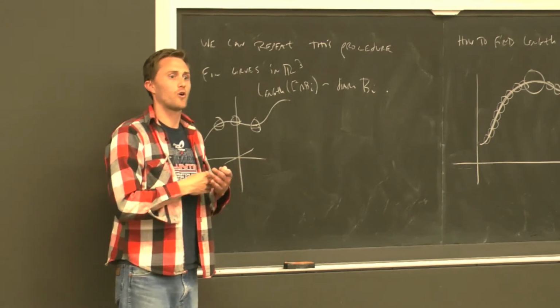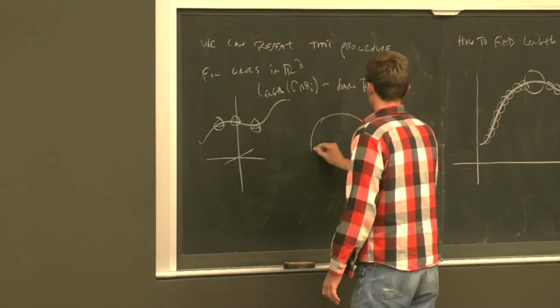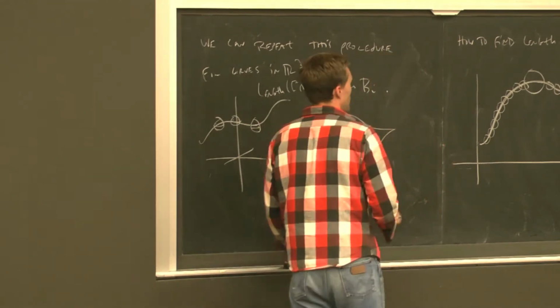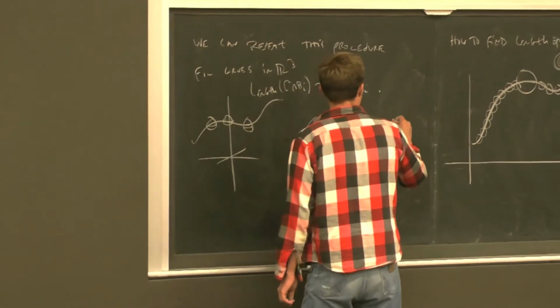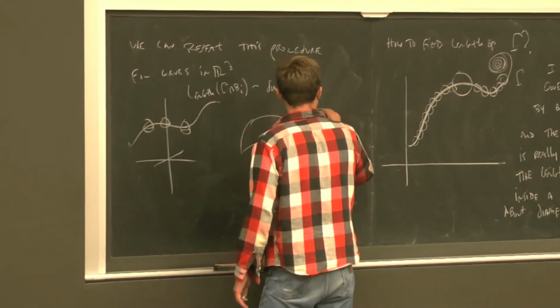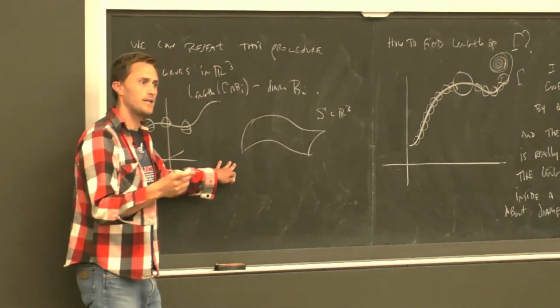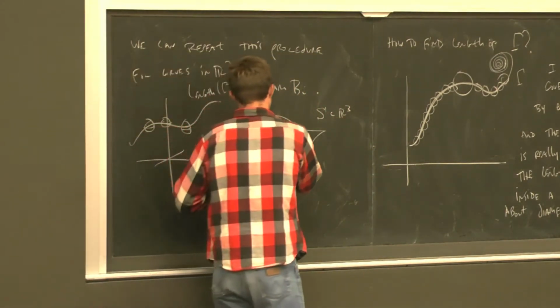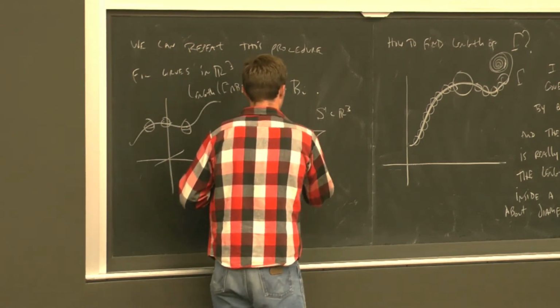But then I can also do the exact same analogous thing for a surface in R3. So suppose I had a really nice looking surface in R3, exactly like a curve in R2. So this is a surface, a subset of R3. Again, you can think about covering it with three-dimensional balls.